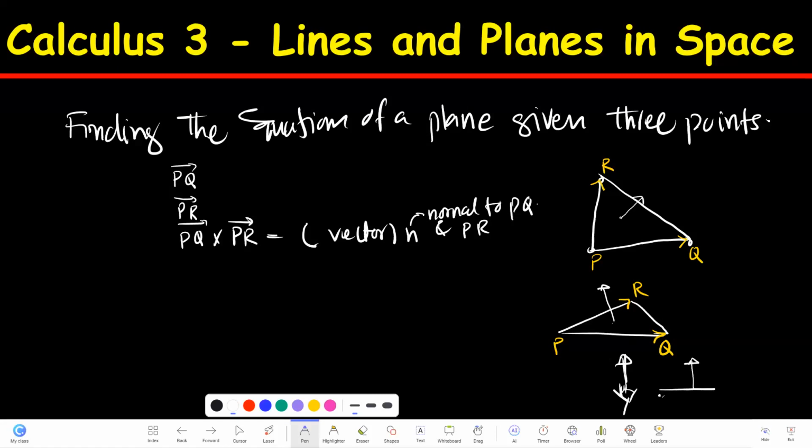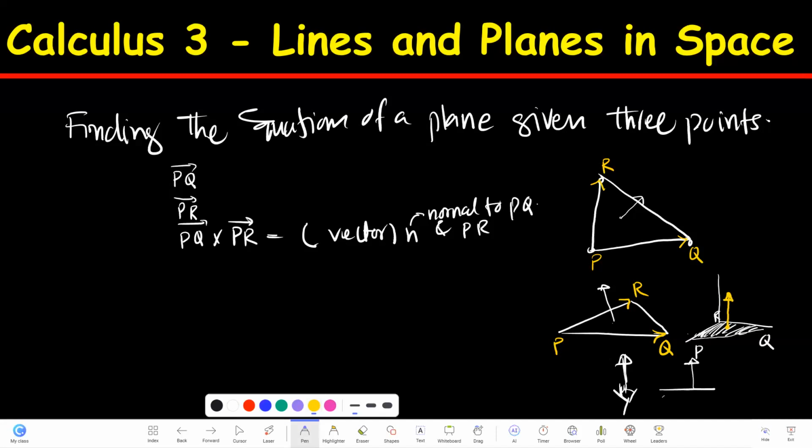This line could be PQ, could be PR, whatever. Okay. If I draw one more time, let's suppose you have a plane. So you have PQ and PR. I'm talking about this plane. And the normal vector would be along the z axis, so it's going to be this axis. Okay, and that is a normal vector.